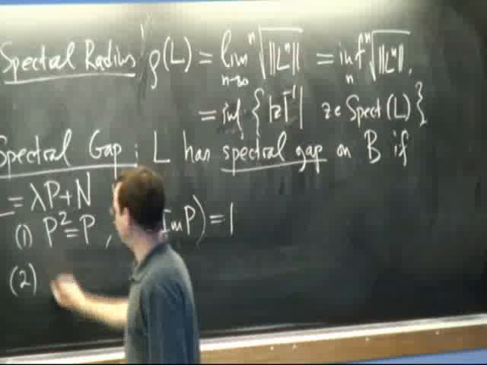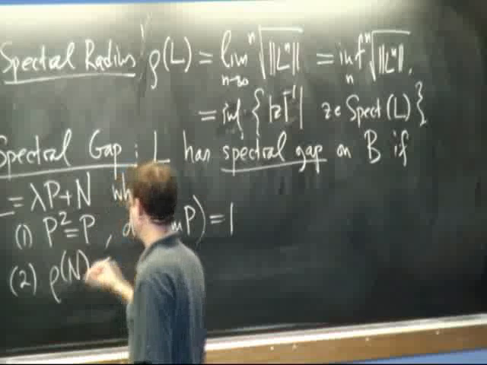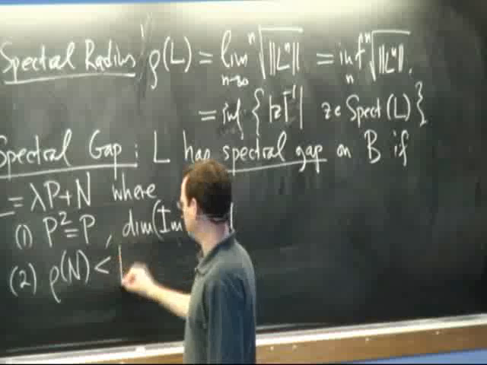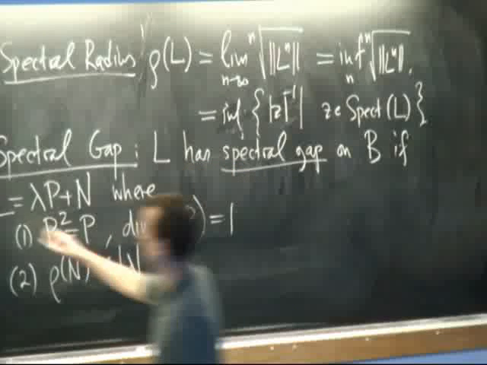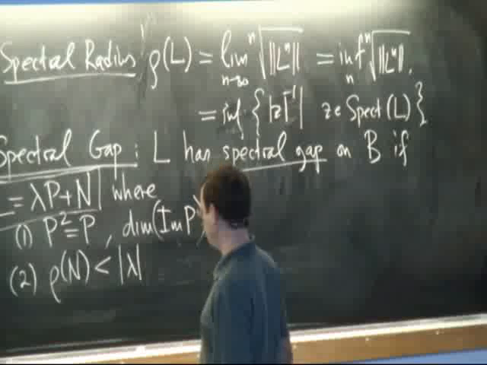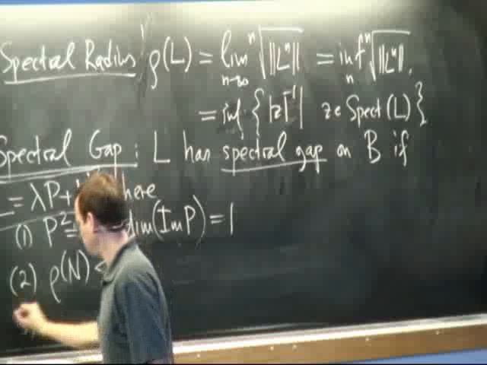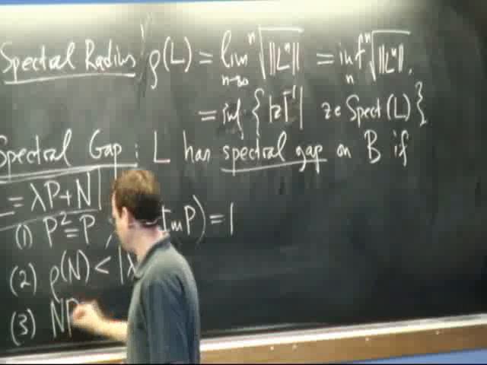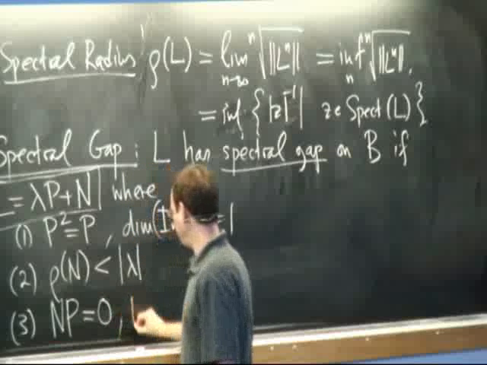N has spectral radius strictly less than lambda, and PN equals 0 and NP equals 0.